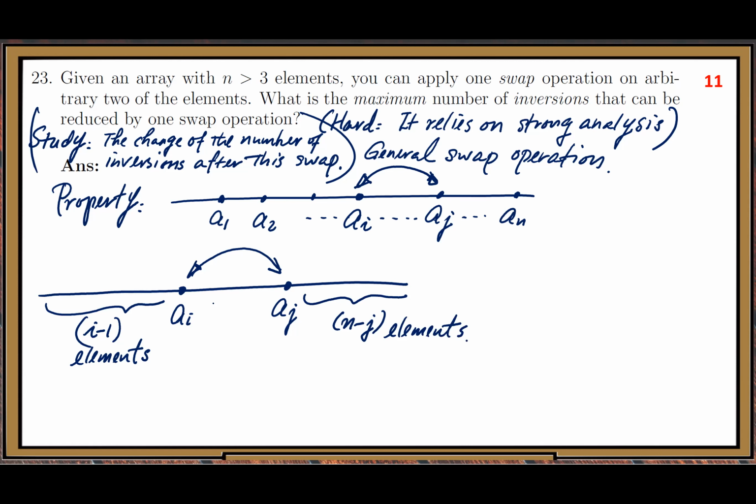Then between these two elements, how many elements are there, excluding AI and AJ?